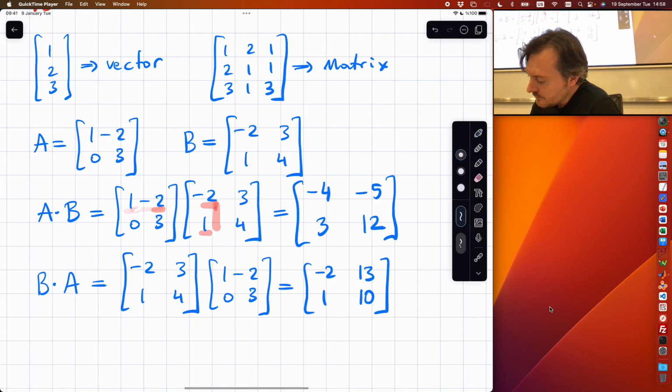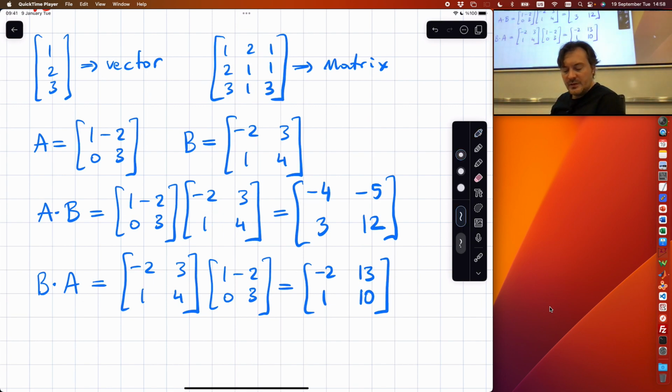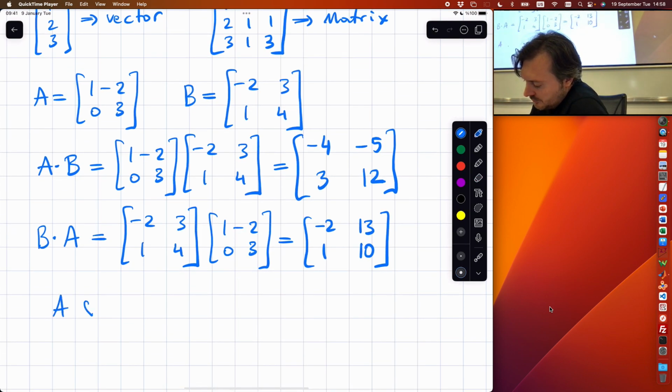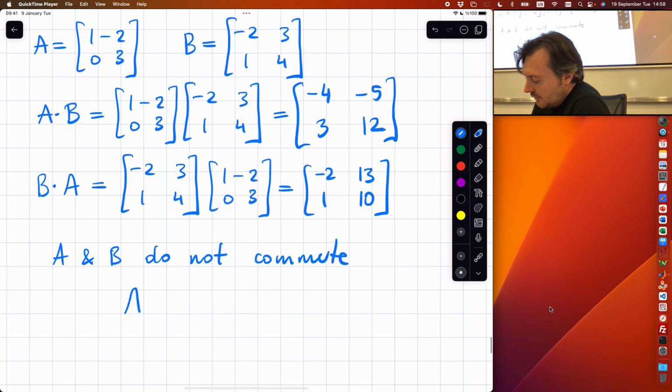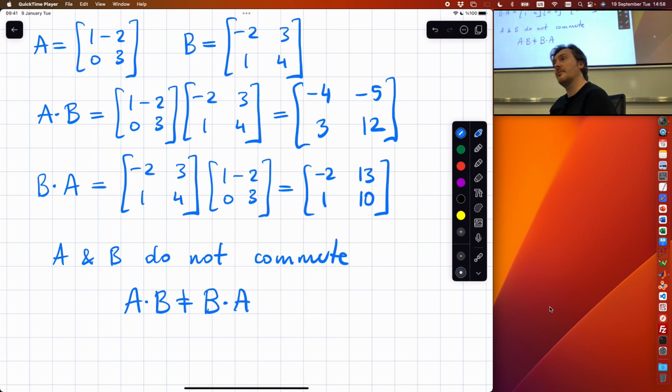Okay. This is when we say that A and B do not commute. So A times B is not equal to B times A. Okay?